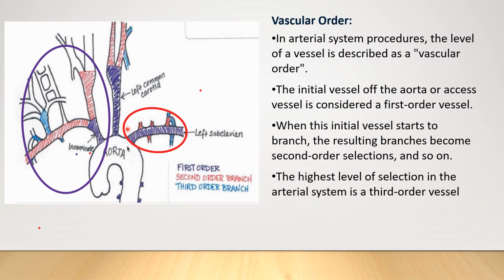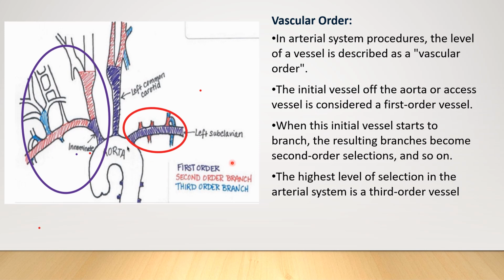So let us take this diagram and I will try and explain. So this is the aorta, and we are talking about this particular first innominate. So this is the first order, then it bifurcates and forms the two vessels. So that becomes the second order, and this second order further bifurcates to give some branches. This is called as a third order.